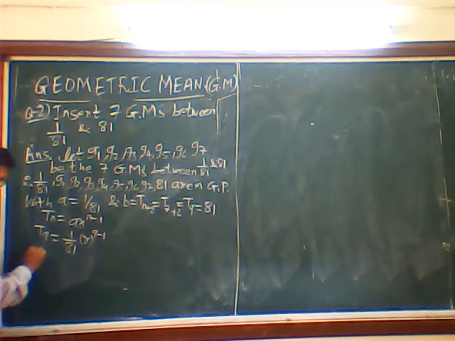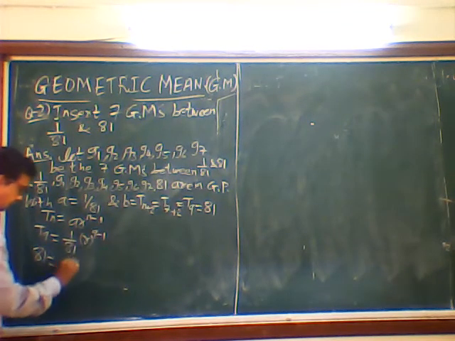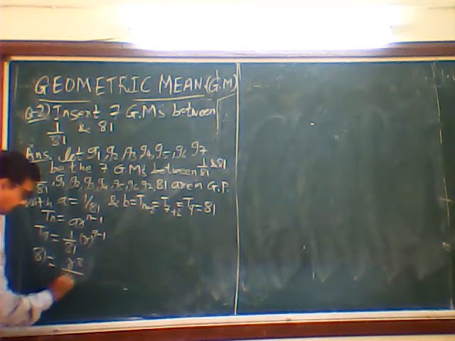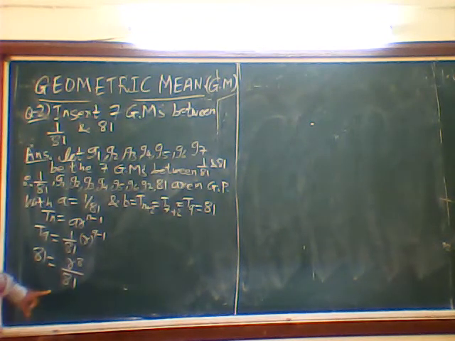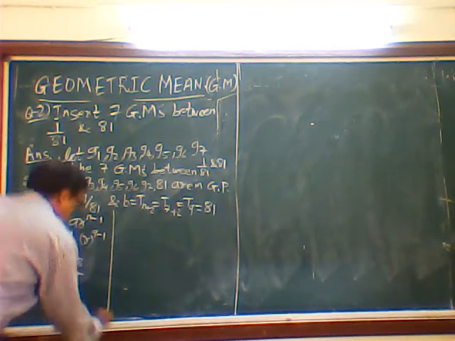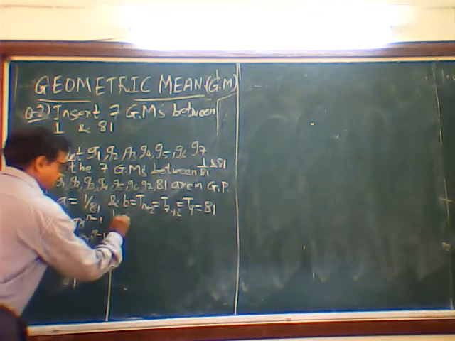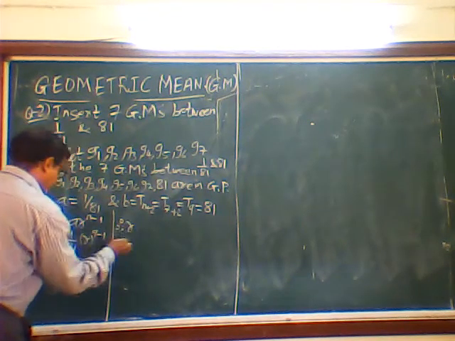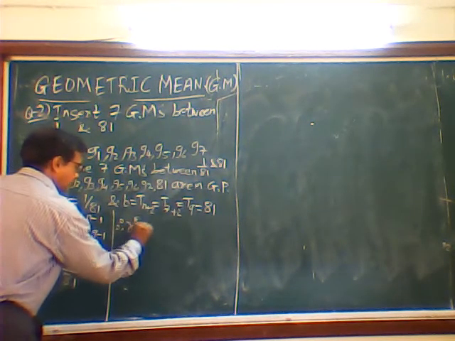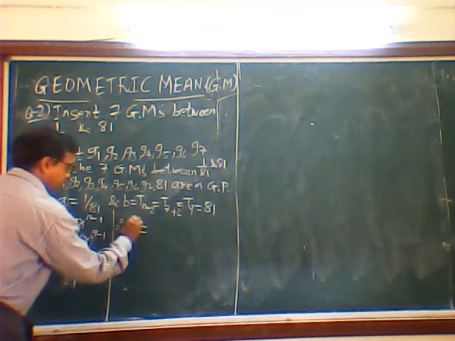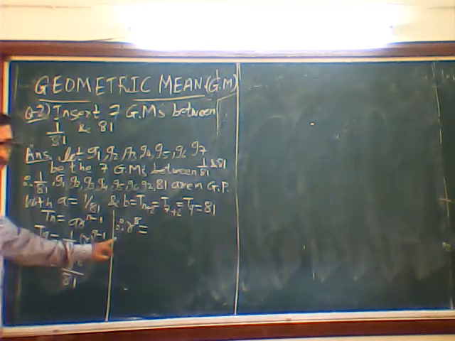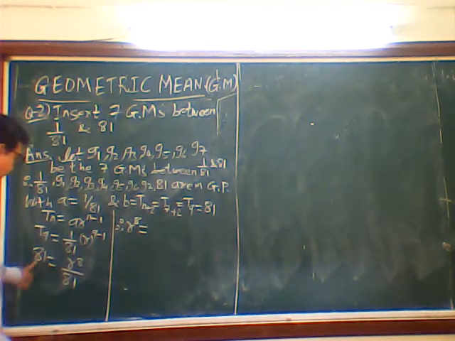What is T9? 81. So R raised to 9 minus 1, R raised to 8, is 81 divided by 1 upon 81. So we are getting a big number here. I'll write it here. Therefore R raised to 8 is equal to what? 81 into 81.